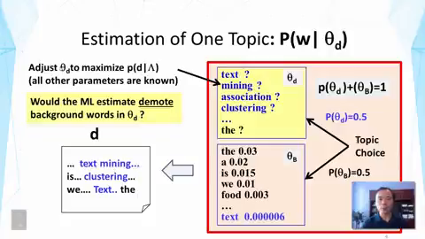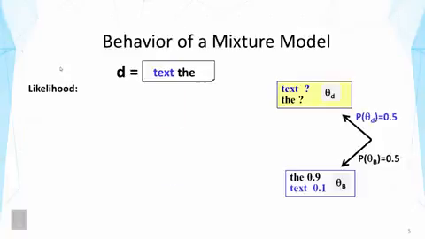And when we set up the probabilistic model in this way, when we use maximum likelihood estimator, we will end up having a word distribution where the common words will be factored out by the use of the background distribution. So to understand why this is so, it's useful to examine the behavior of a mixture model.